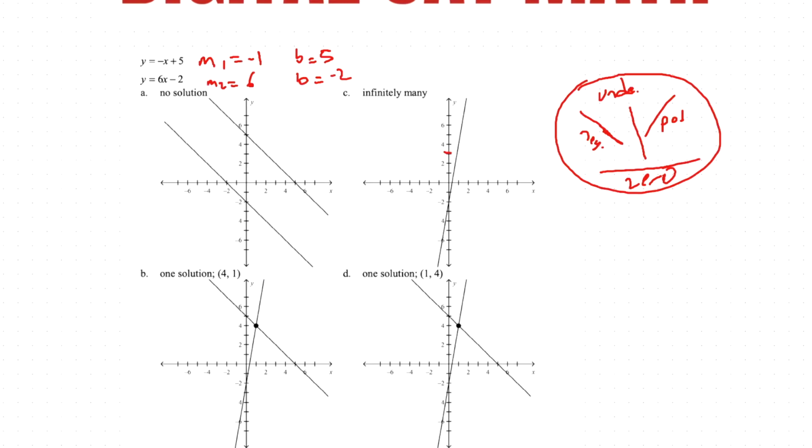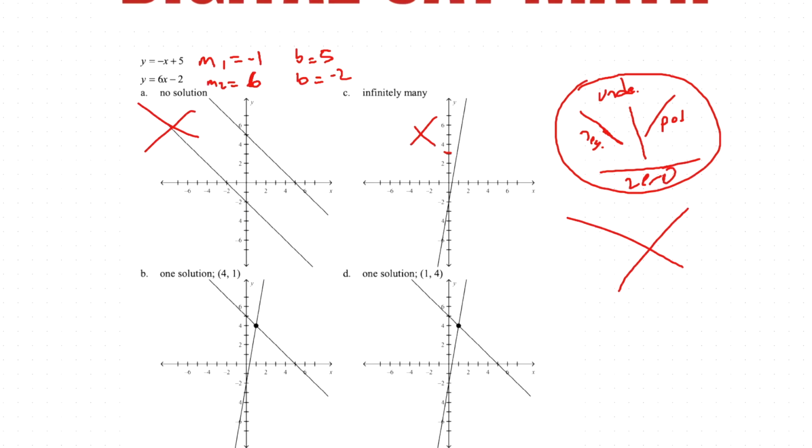And the other one is positive 6, which means the graph will go right. So it's gonna be one going up, one going to the left. It's gonna be something like this. So because of that, choice A cannot be solution because these are two parallel lines. Infinitely many solutions, these are coincident lines on top of them. So no. One solution, either the solution is B or the D.